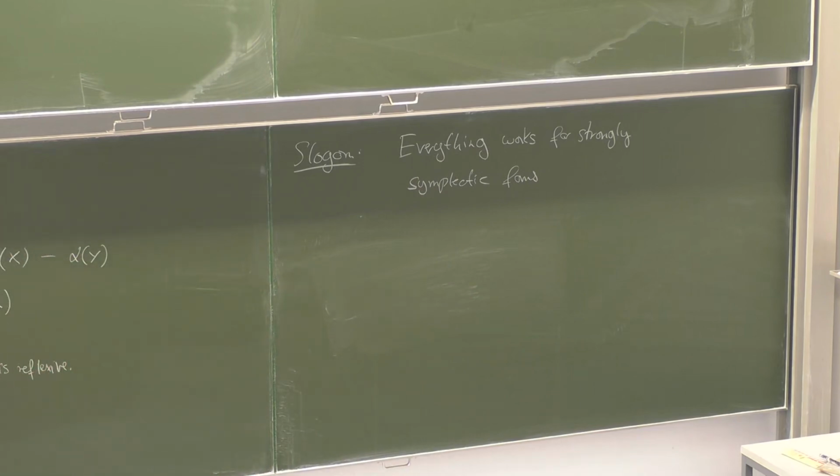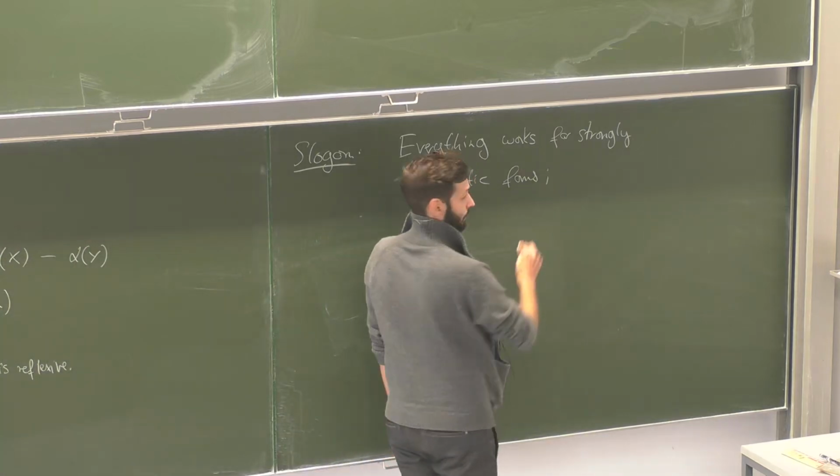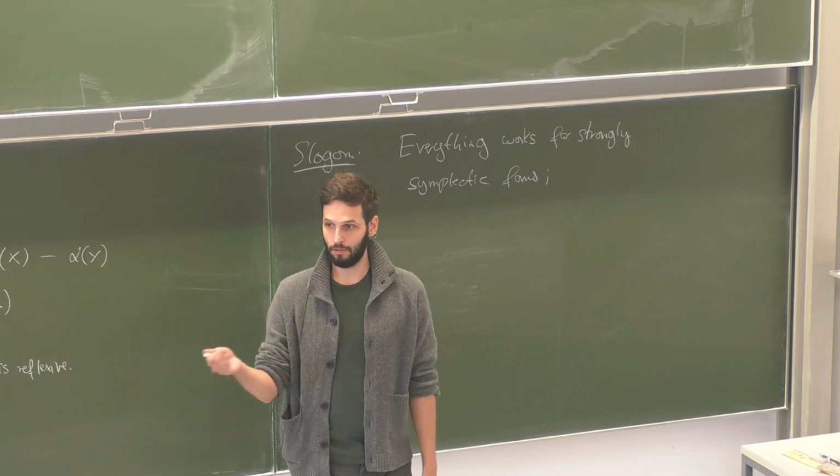That's a rough slogan. It's not totally true. Sometimes there are things that don't work for strongly symplectic forms that you would expect from finite dimensions. But usually if you have a strong symplectic form, there's a high chance that the statements that you use from finite dimension work. The problem is that almost never do you have strongly symplectic forms.